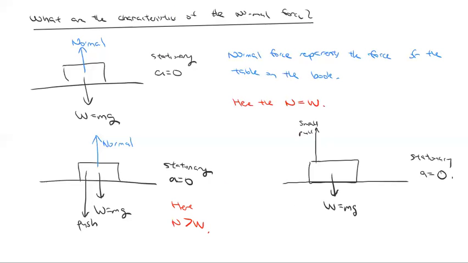Which means the acceleration is 0, right? And if acceleration is 0, the net force is 0, right? Yes. So that means the normal force must have decreased. So that means here, in this situation, the normal force is less than the weight. Does that make sense? Yes.